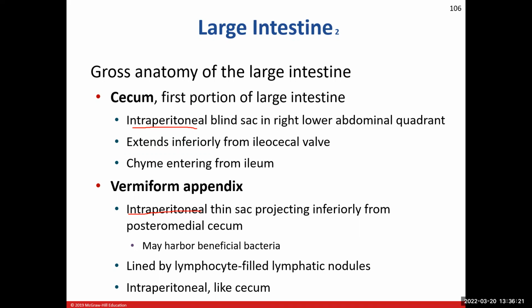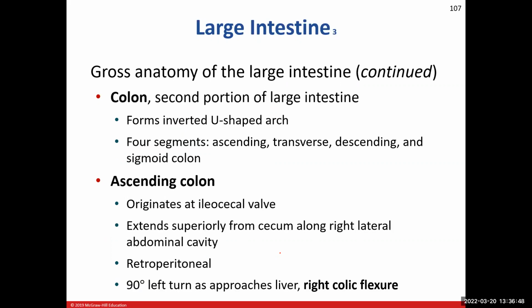But it is said that we have some beneficial bacteria there that help with the digestive process. Also, the appendix is lined with lymphatic tissue, and as you know, in the lymphatic tissue we have quite a bit of our white blood cells. So the vermiform appendix, like I said before, is also intraperitoneal, because it is attached inferiorly to the cecum.